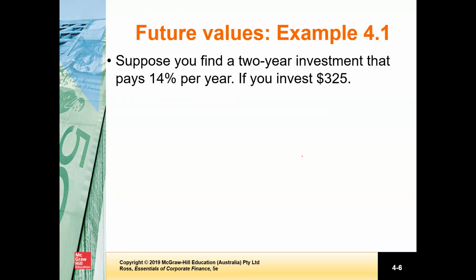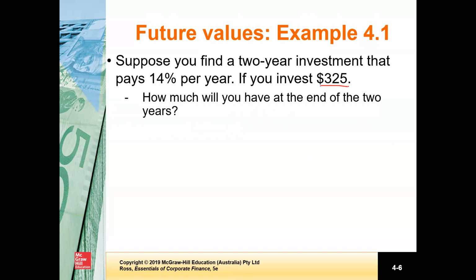So look at this example. Suppose you want to find a 2-year investment that pays 14% per year, and you invest $325. How much will it be worth after 2 years? If you remember the formula, future value equals present value times (1 plus r) power t.